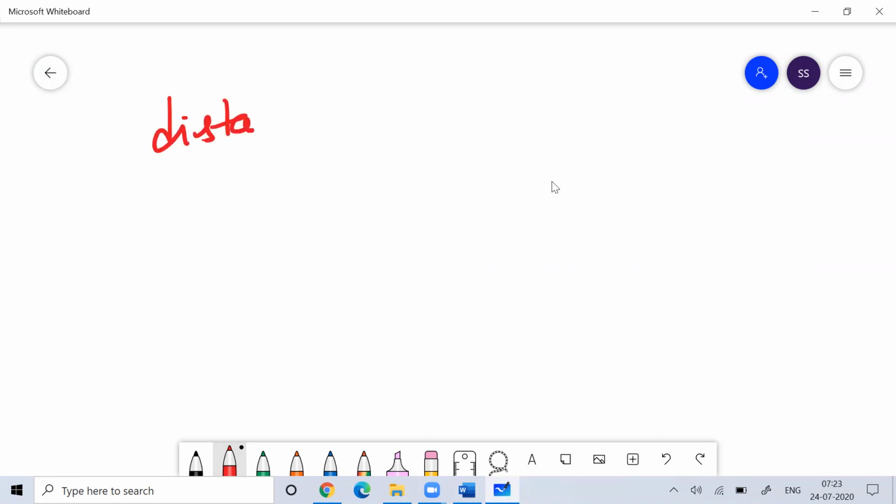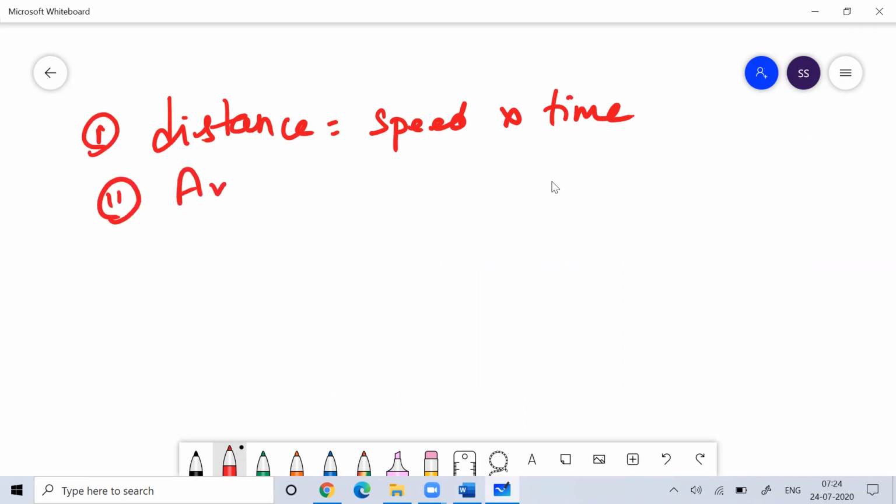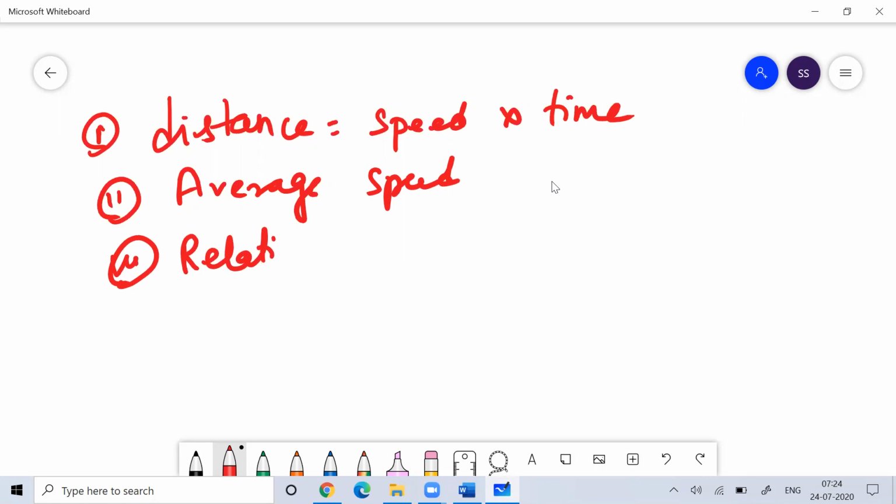Along with this formula, I talked about the concept of average speed, and then relative speed. All these discussions were done in that class.